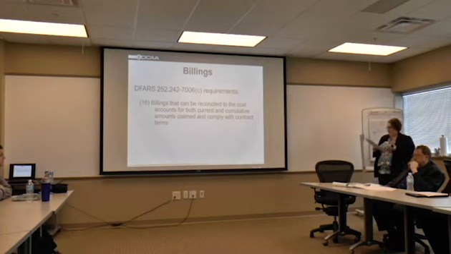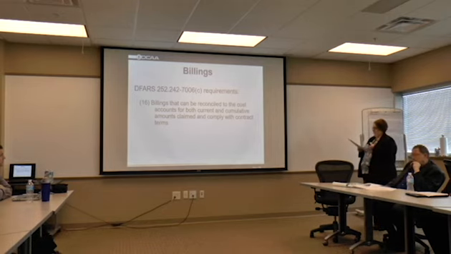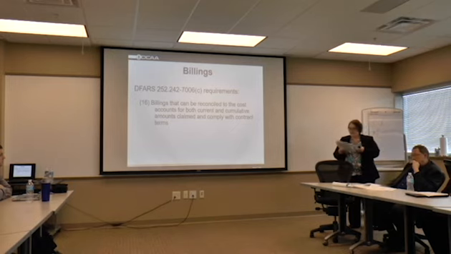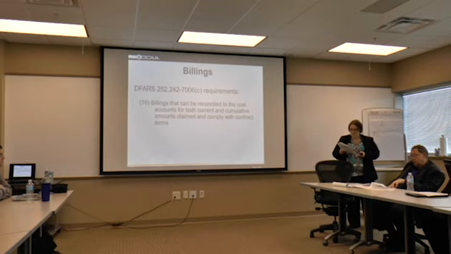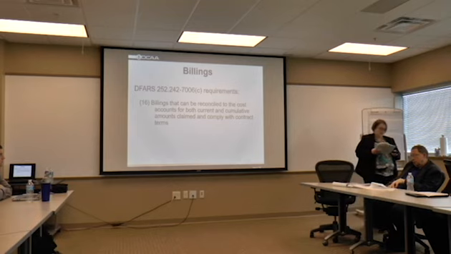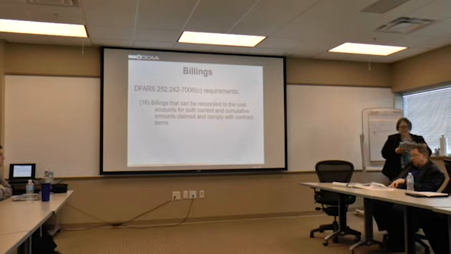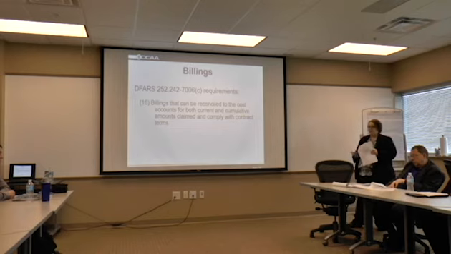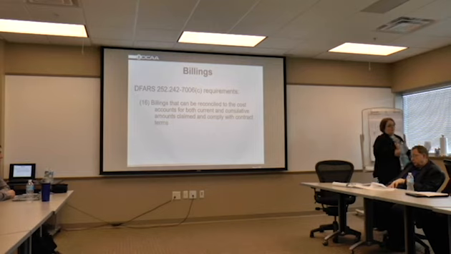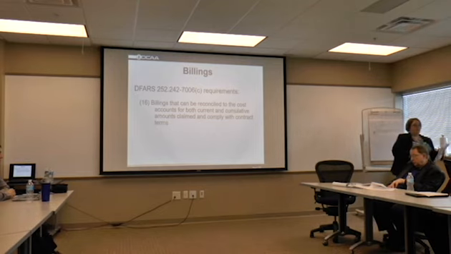Procedures are needed to ensure that subcontractors' and vendors' costs are only included in the billing if the payment to those subcontractors or vendors will be made in accordance with the terms of the contract or invoice, and normally within 30 days of when the contractor requests payment from the government. So you need to make sure that if you're including subcontractor billings and vendor billings in your invoice, you're paying your vendors and subcontractors in a timely manner.